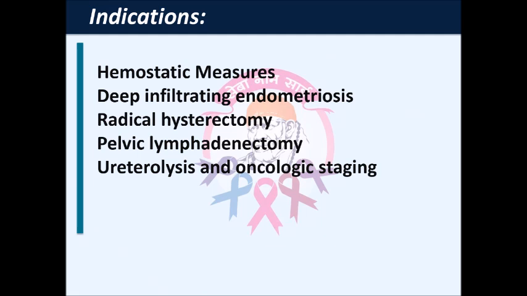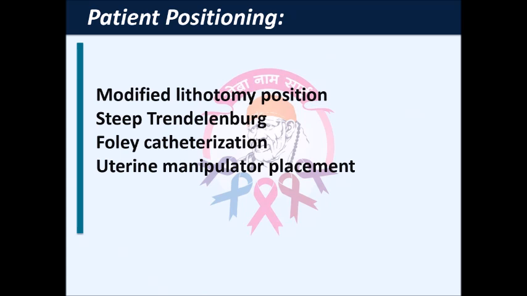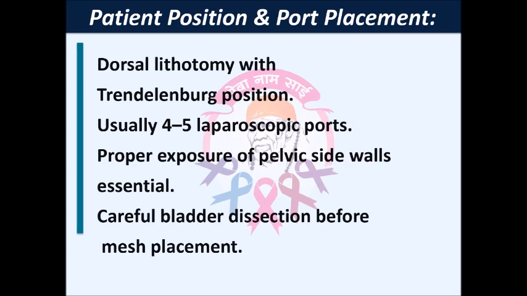Clinical indications to perform this procedure include gynecological oncological procedures like routine dissection of pelvic and para-aortic lymph node chains for staging of cancers of the endometrium, cervix and ovary.